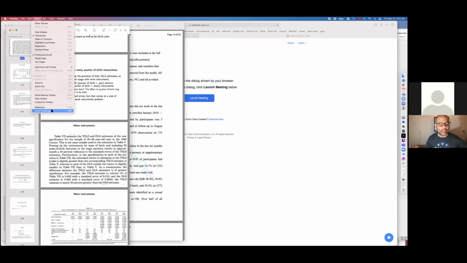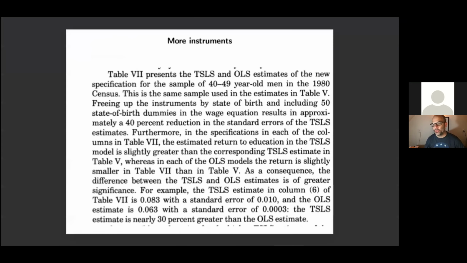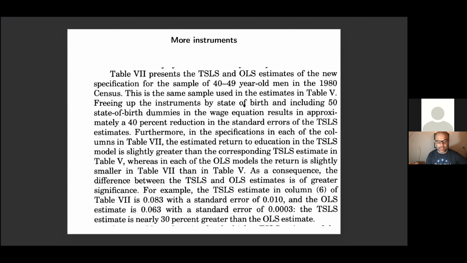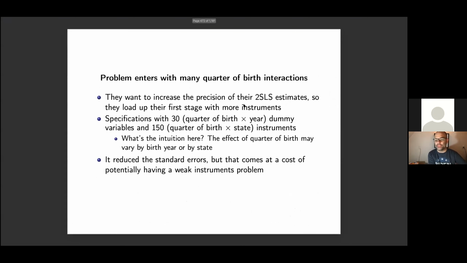So we were talking about that Angrist and Krueger paper, and I had said that one of the things they did was they wanted to increase the precision of their estimates. So they added more instruments. I think it was either Melba or Angelica that was asking about adding in more instruments.